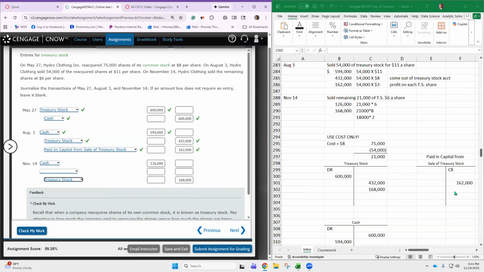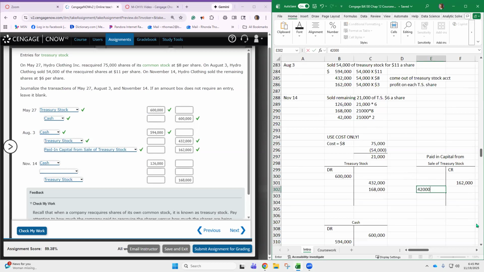What we're going to do is show a loss. How much did we lose? $2 a share, right? Because we bought them for 8 and we sold them for 6. So we're going to put that loss in the same account where we put the profit. And that's what happens when you buy shares of your own stock. There's always a chance that the value can go up, but there's always a chance that the value can go down.